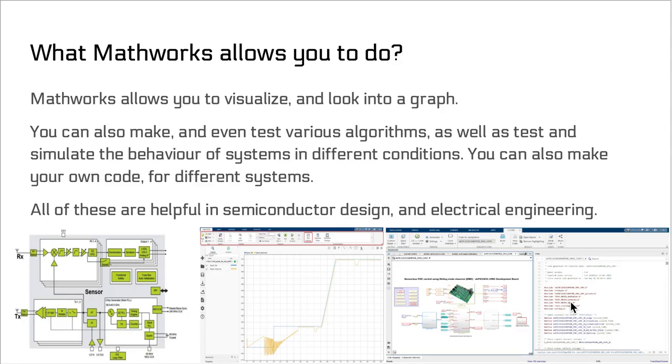There's coding involved. This is a graph. It should probably show something like voltage. This image on the bottom left shows a sensor and how to make a sensor, with different inputs and outputs involved in designing a sensor.